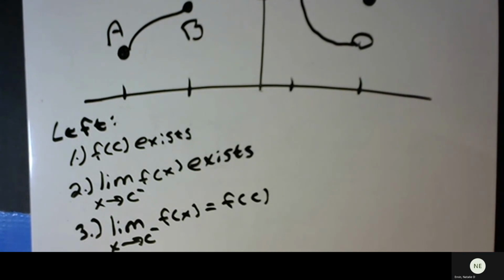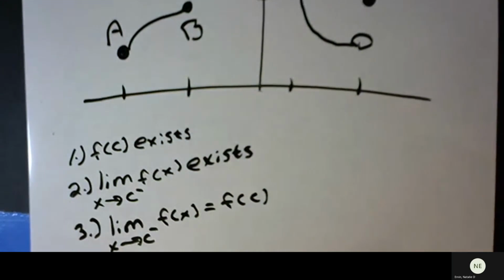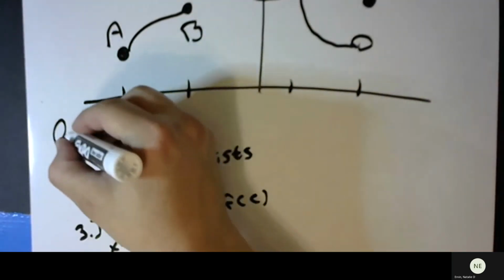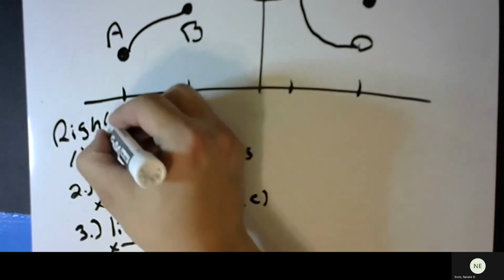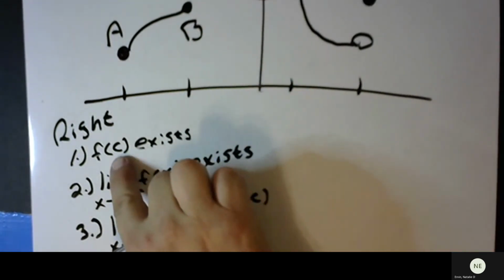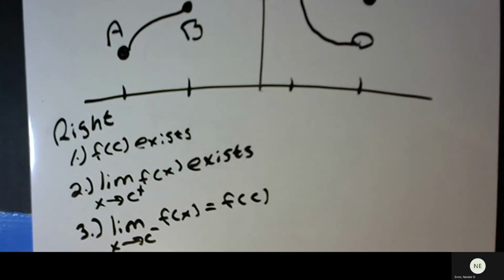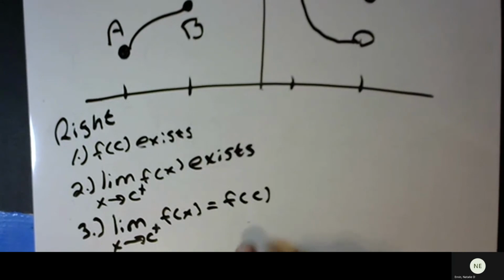Now for the right, just for the sake of time, I'm going to truncate this. We'll just relabel this as right. For right side continuity, f of c exists, the limit approaching from the right exists, and the limit approaching from the right equals f of c.